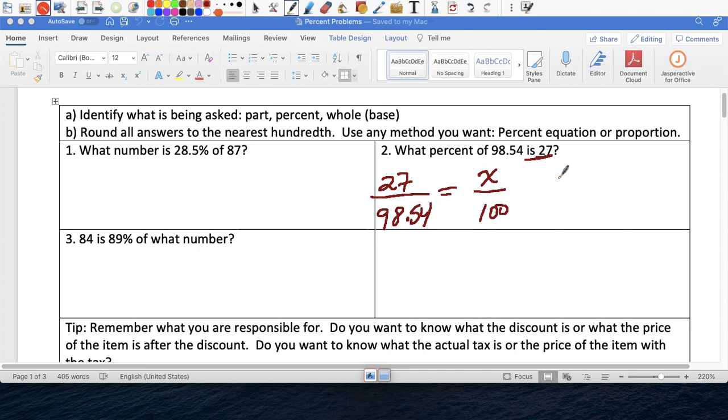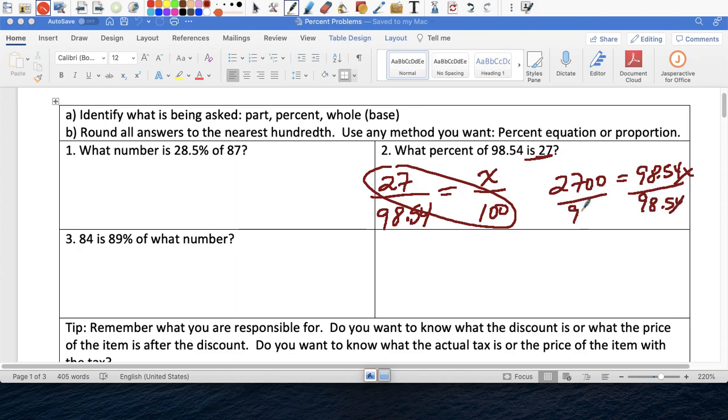Again, cross multiply. So you get 2700. Cross multiply these two, and then you get 98.54x. Divide both sides by 98.54. I think personally the percent proportion gives you more work. So cross multiply. Wait, what am I doing? Sorry. If you cross multiply, you get 2700, and then right now you gotta divide both sides by 98.54. That's what I was doing.